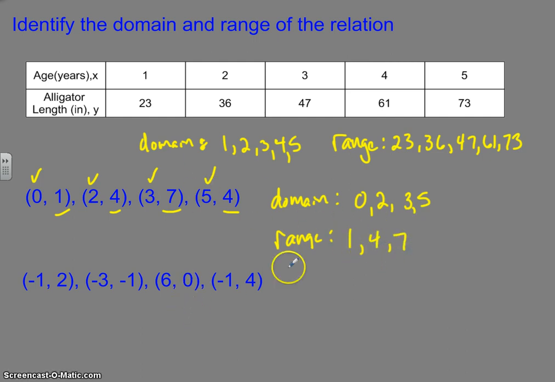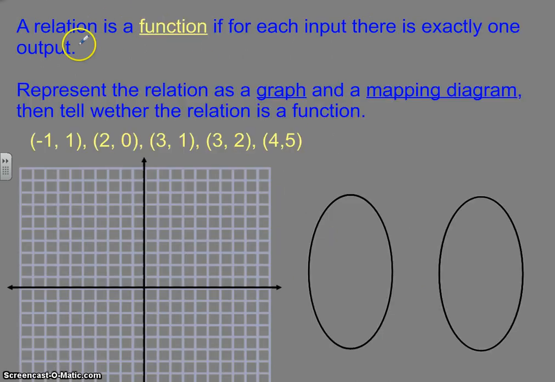I can just write it once. Let's do the next one. Domain is, let's see, I've got -1, -3, and 6. The range would be, let's see, -1, 0, 2, and 4. And I'm trying to put it in numerical order, and I'd like you to do that when you do it also.